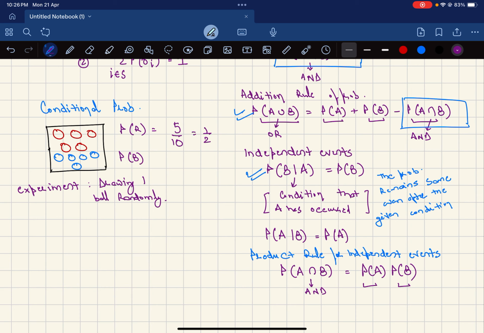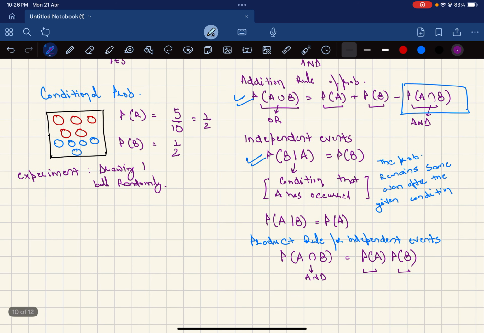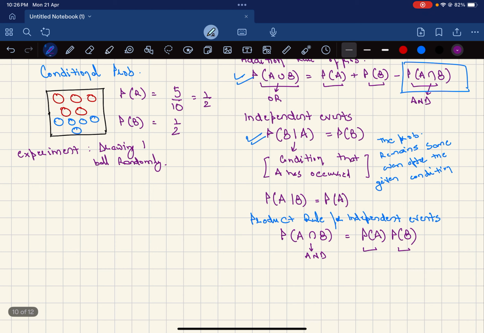Similarly, for blue also we'll have a 1/2 probability, since the number of blue balls is also 5 in the whole bucket in this case. Now if we have to calculate R given B, in this case, what would it be?